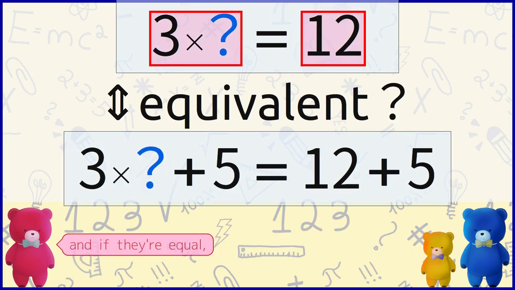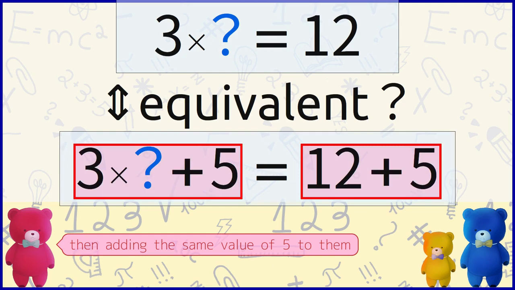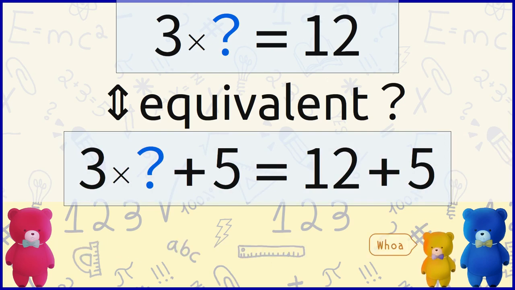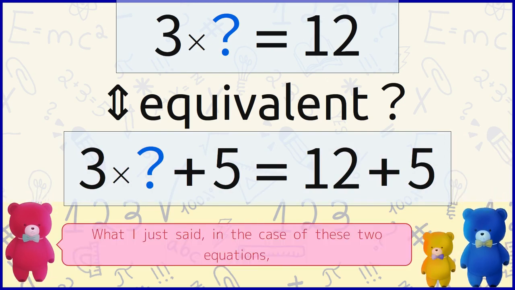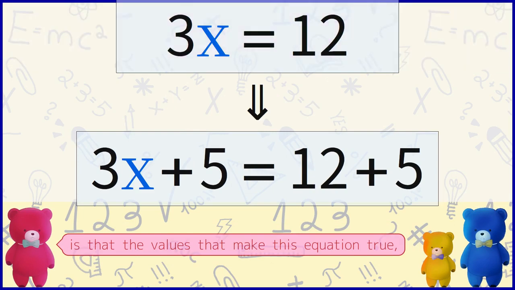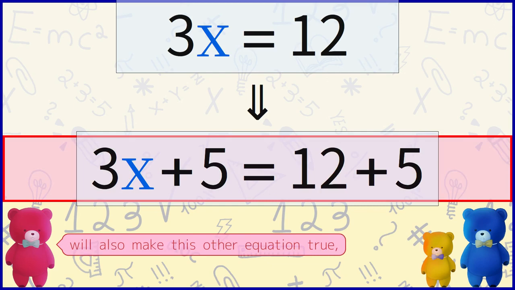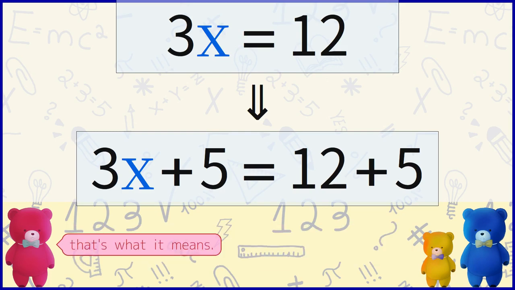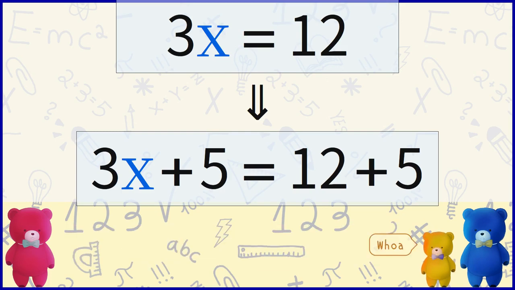And if they're equal, then adding the same value of 5 to them should also make them equal, right? Well, I see. What I just said in the case of these two equations is that the values that make this equation true, meaning the solutions of this equation, will also make this other equation true, meaning they'll also be solutions of the other equation. That's what it means. Well, I see.